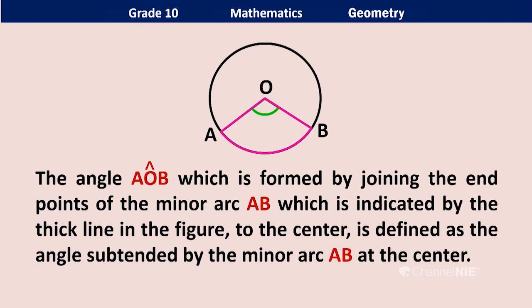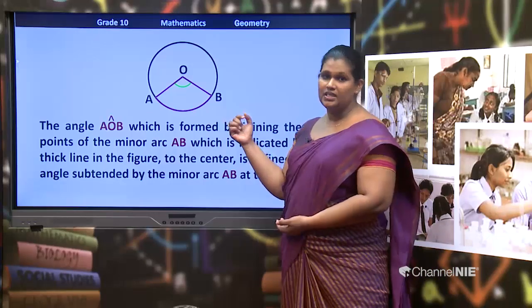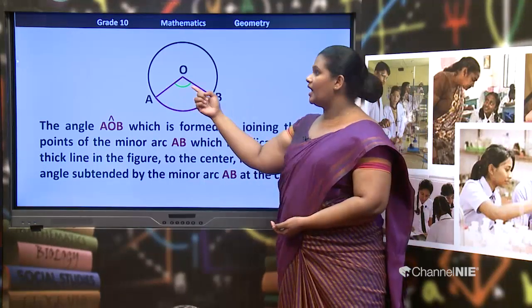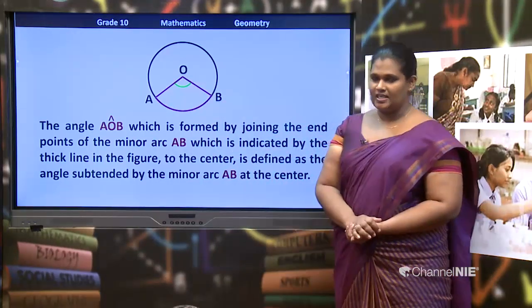So, we can say the angle AOB, which is formed by joining the end points of the minor arc AB, which is indicated by the thick line in the figure, to the center, is defined as the angle subtended by the minor arc AB at the center. Now, this angle is subtended by this minor arc AB and it is subtended at the center of the circle.